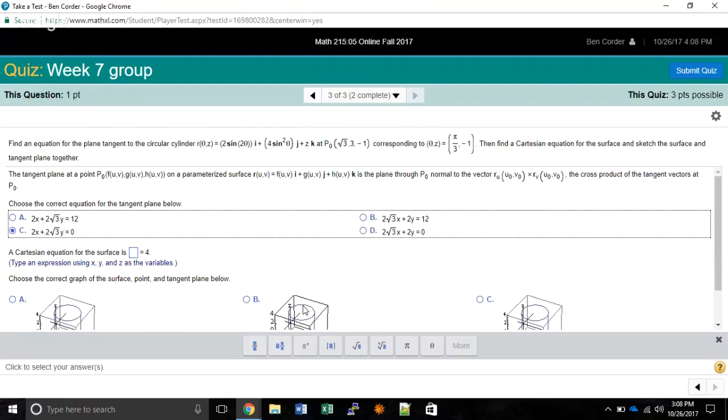Let's see. So it has to equal 4. Yeah, because the radius is 2. Working back from that way, we know what the radius is, which helps us for cylindrical coordinates.